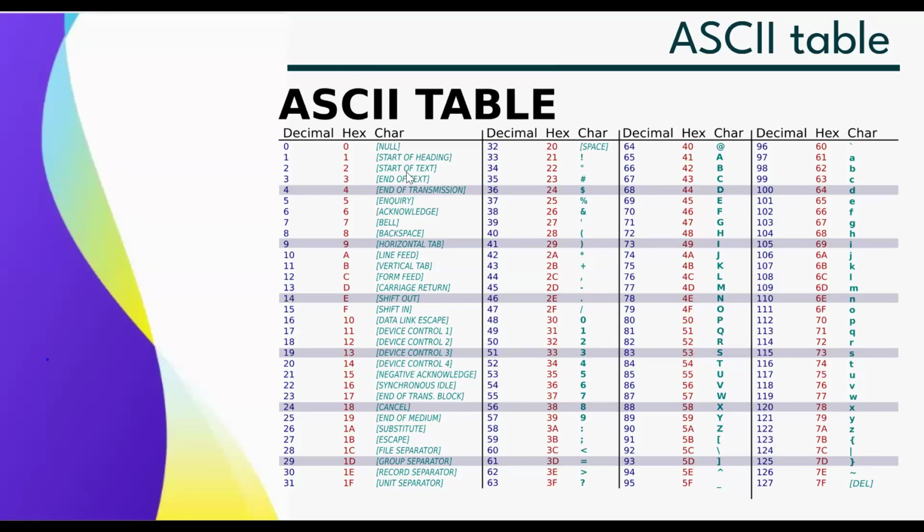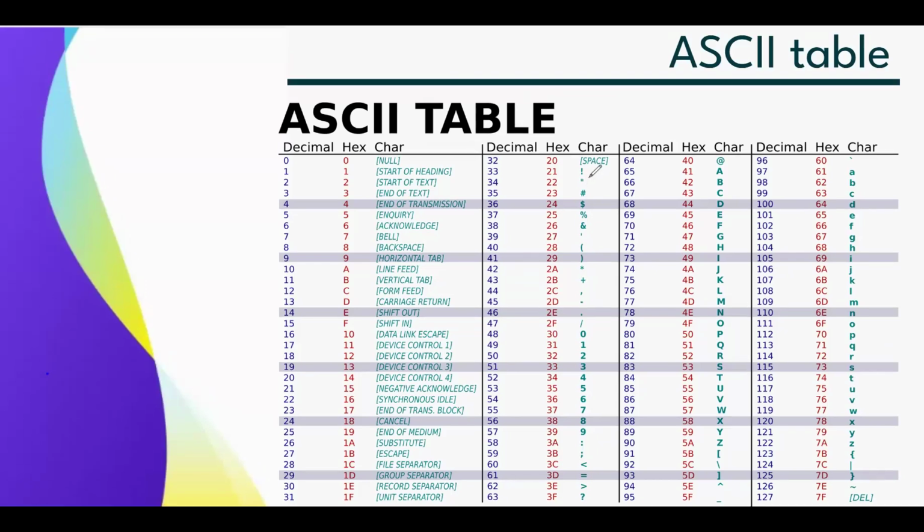At the end, it's just about understanding. You need to understand that capital A comes first, and after that the small letters. Small a is 97, and capital A is represented by 65.